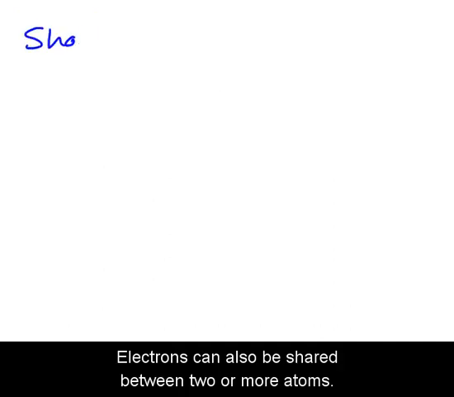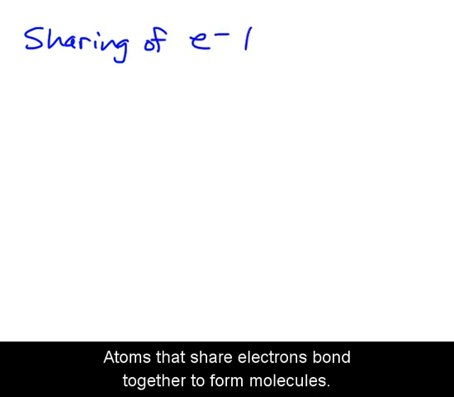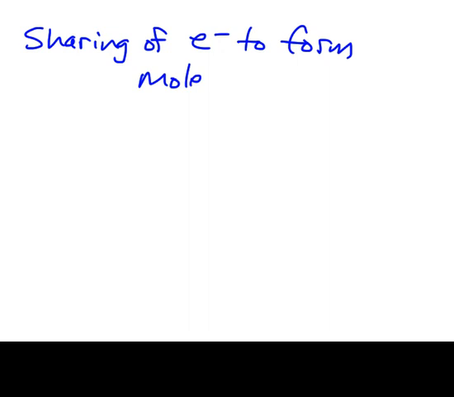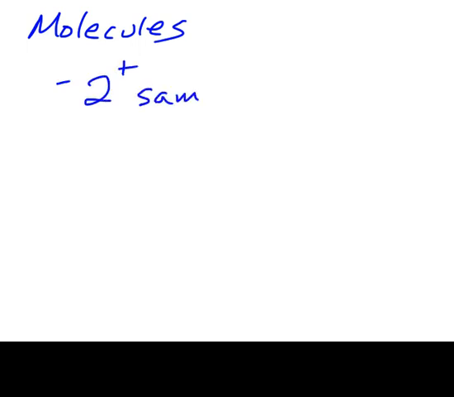Electrons can also be shared between two or more atoms. Atoms that share electrons bond together to form molecules. Molecules can contain two or more of the same or different atoms.